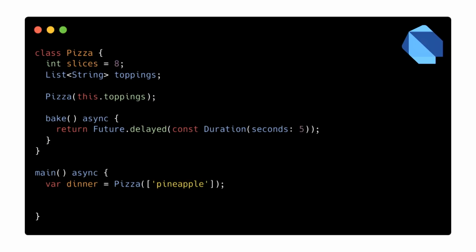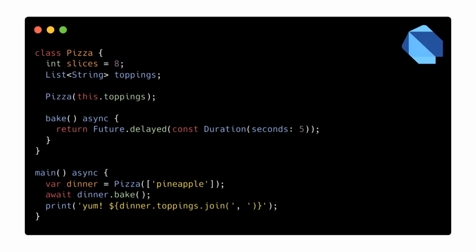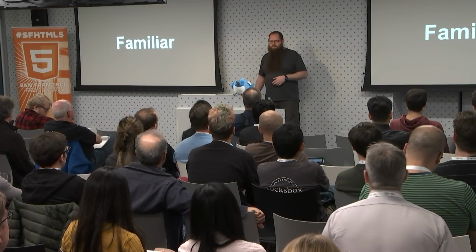In Flutter, you tend to instantiate tons and tons of instances, so you won't see new that often because it's very verbose. You wait for it to bake. And then you have a print instead of a console log. And the string interpolation is slightly different. But you might think, this all looks fairly familiar. Those 2 examples were pretty similar.